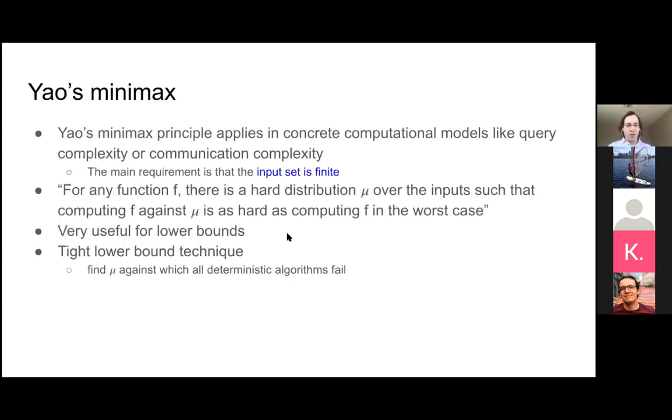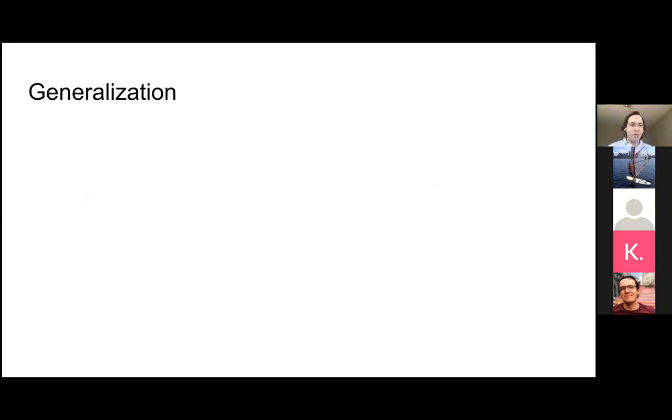Meaning Yao's Minimax gives you a distribution against which all deterministic or even randomized algorithms fail if they don't use enough cost, if they don't work as hard as you need to work in the worst case.